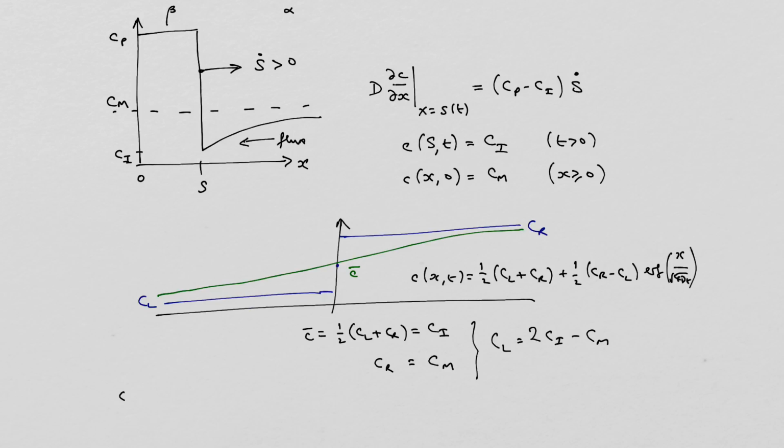So this would have a concentration profile that looks like CI plus CM minus CI times the error function, like that.